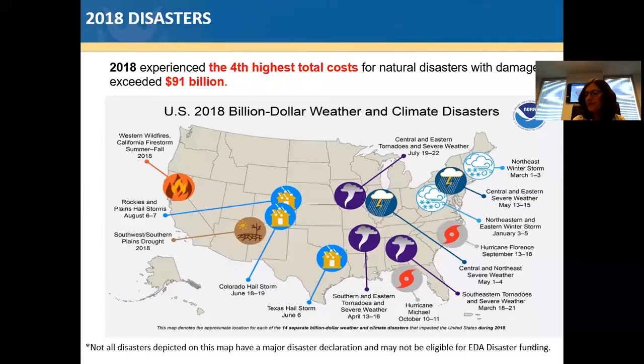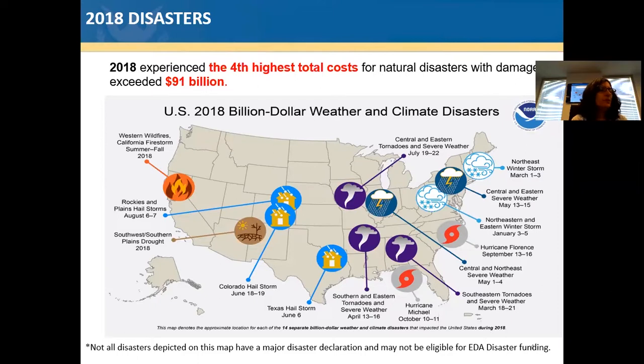Last year's disaster supplemental covered the major disasters that occurred in 2017. In 2018, one of the 2 years covered by our new supplemental, we experienced the fourth highest total cost of damages from natural disasters, with costs over $91 billion.